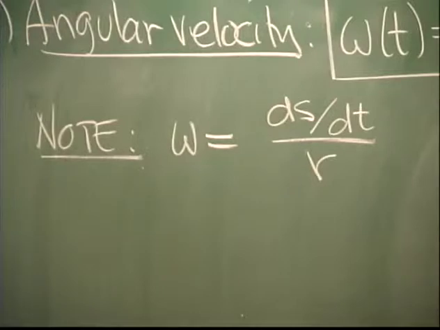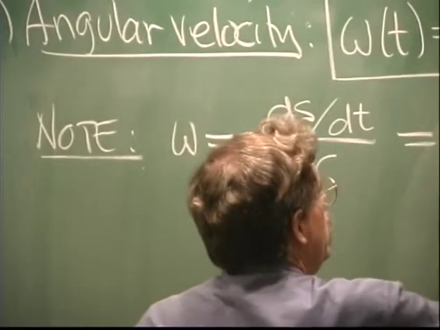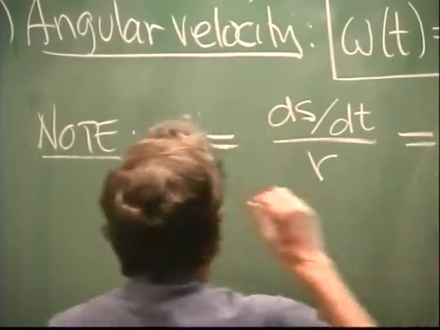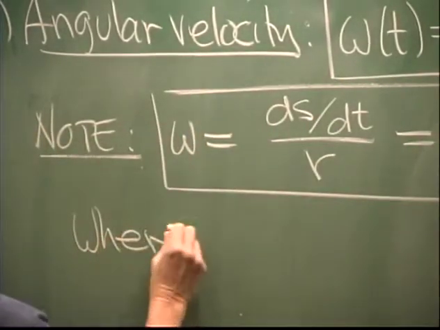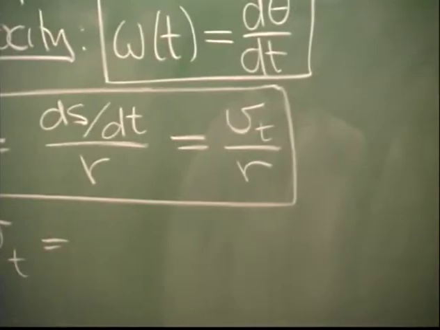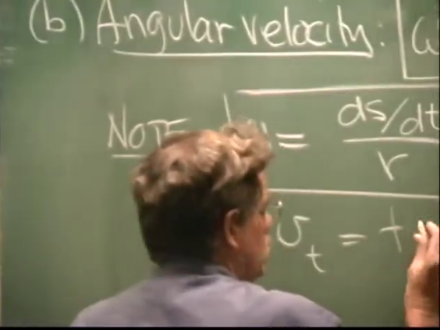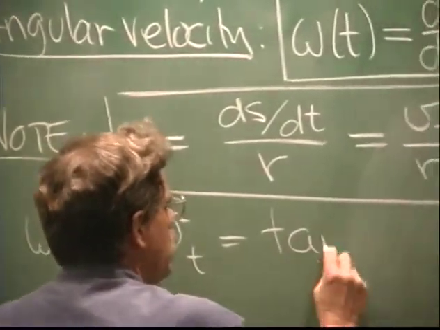It's the velocity, the translational velocity, the ordinary kind of velocity. The translational velocity there is ds by dt. So this is v t over r. v t is the translational tangential velocity.